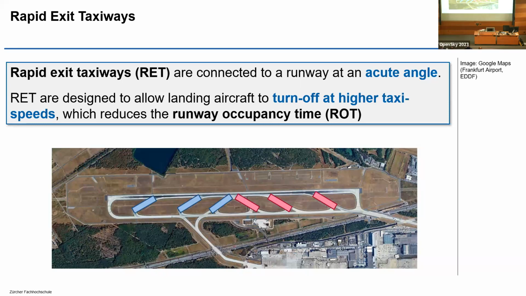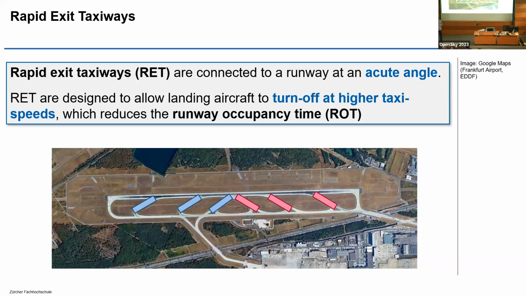This way, the so-called runway occupancy time, that's what was just mentioned before, can be reduced. And if you can reduce the runway occupancy time, then in theory, you can operate more movements per hour, and therefore you should have a higher capacity. So that's the capacity gains which RETs could provide.